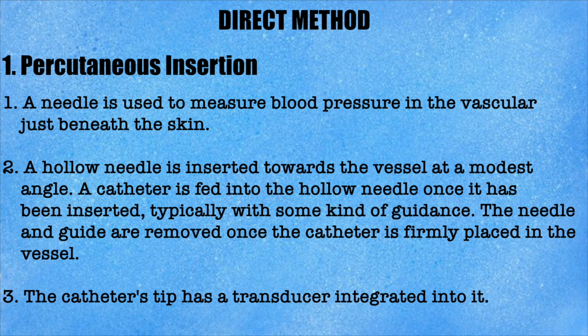The needle and guides are removed once the catheter is firmly placed in the vessel. The catheter tip has a suitable transducer integrated into it, and the transducer converts the pressure waveform into an electrical signal.